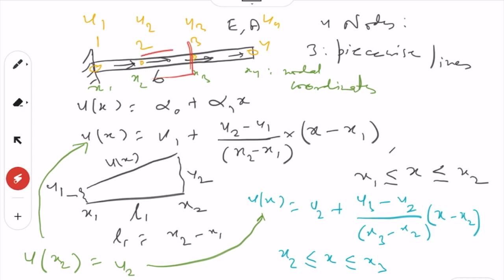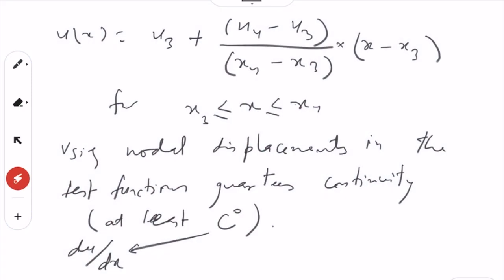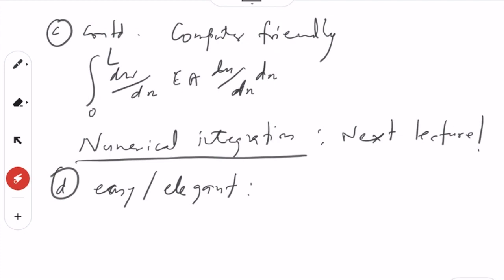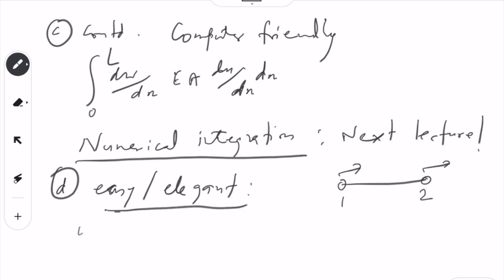So, if somebody tells me that there is one element, the first, which has the two nodes, node 1 and 2. Okay. So, basically here we are talking about working in the local coordinate system.